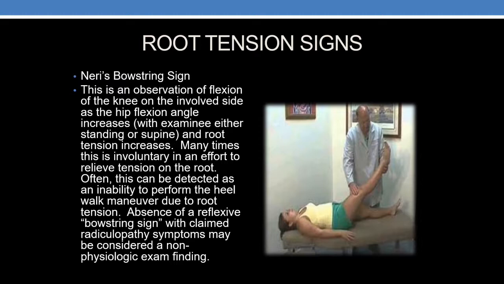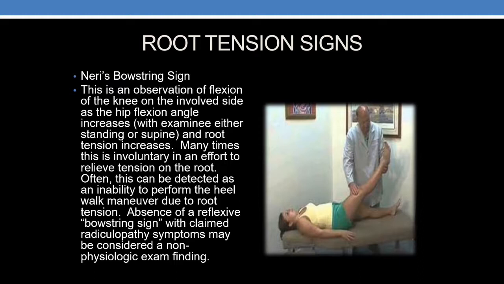What would you do? How would you act? How would you accommodate or adapt your movements so as to prevent this disturbing and distressing noxious pain? Well, that's the bowstring sign.